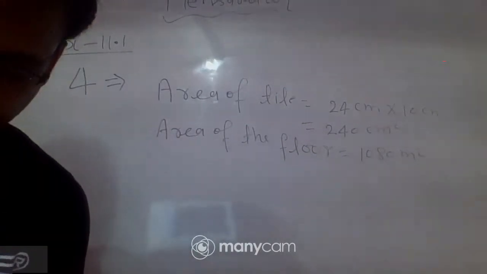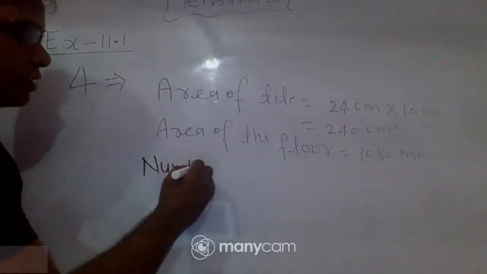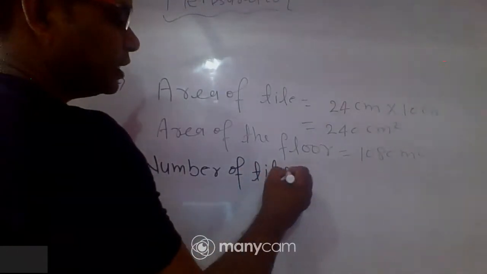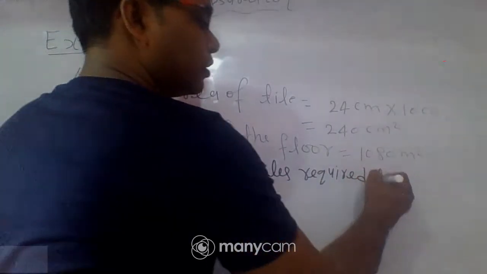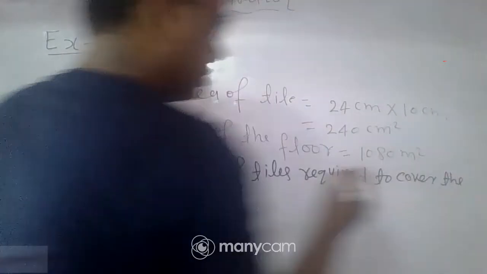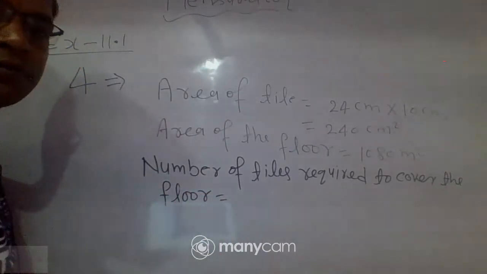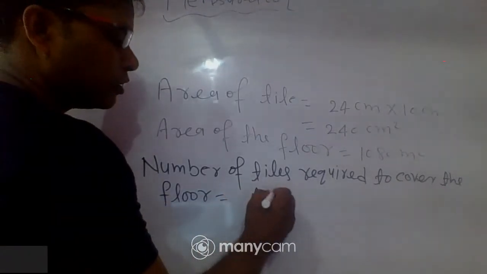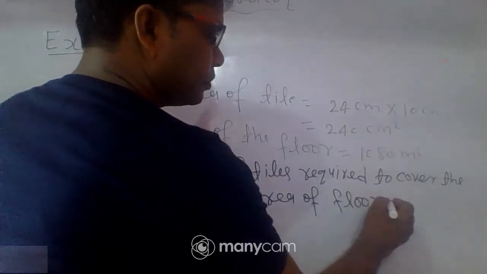Now find the number of tiles. Number of tiles required to cover the floor is equal to area of floor by area of one tile.